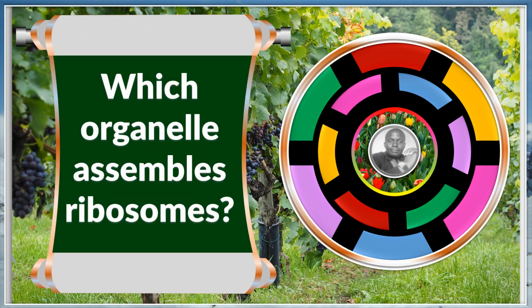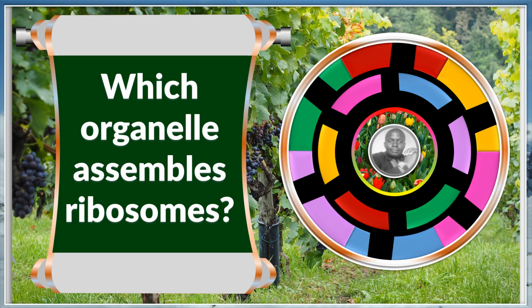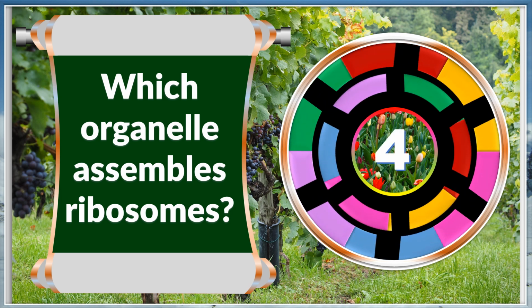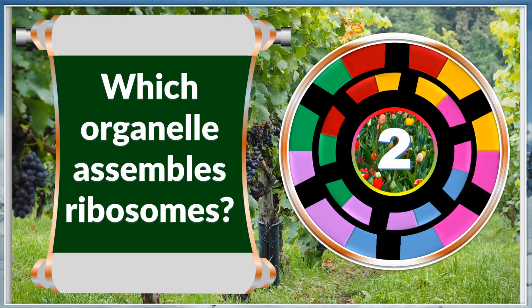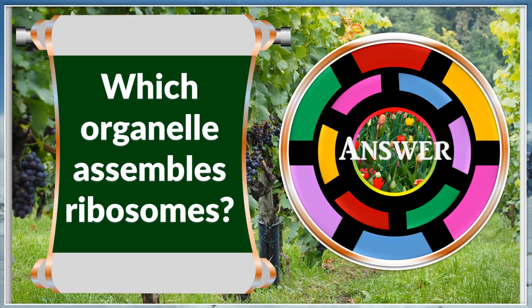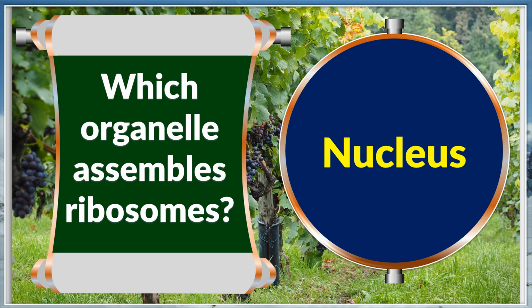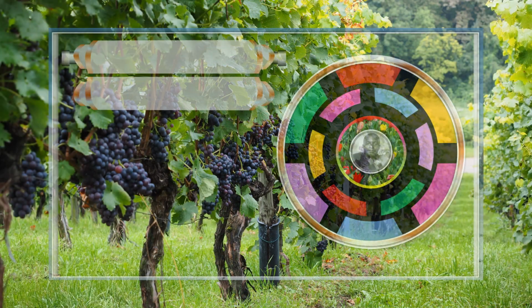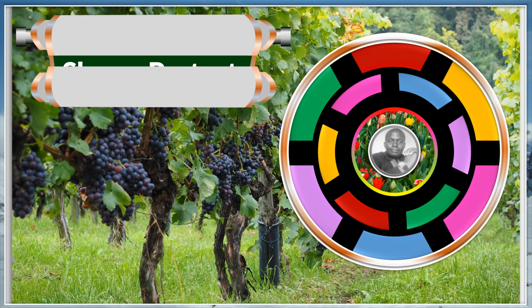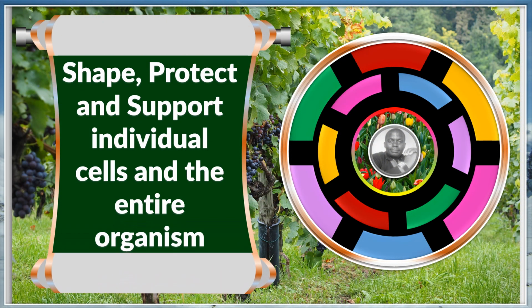Which organelle assembles ribosomes? Nucleus. Shape, protect, and support individual cells and the entire organism.